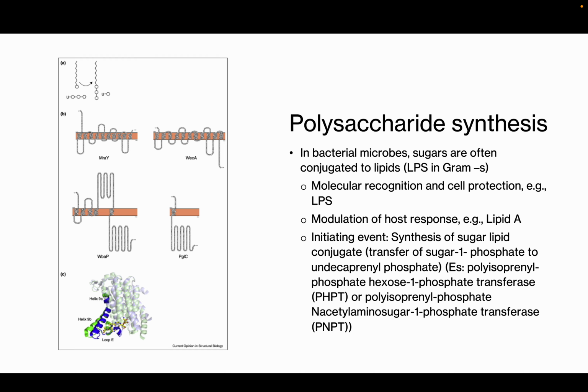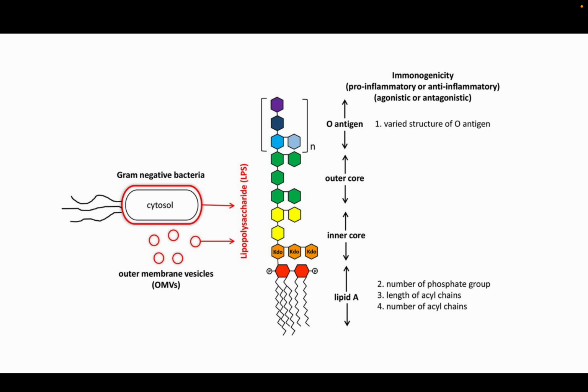PHPT is polyisoprenyl phosphate hexose 1 phosphate transferase, while PNPT is polyisoprenyl phosphate N-acetylamino sugar 1 phosphate transferase. So both are transferases. Okay, so as an example, let's have here the O antigen.